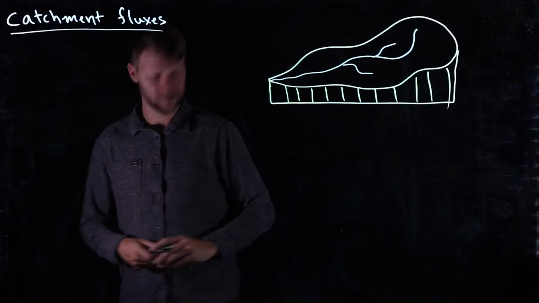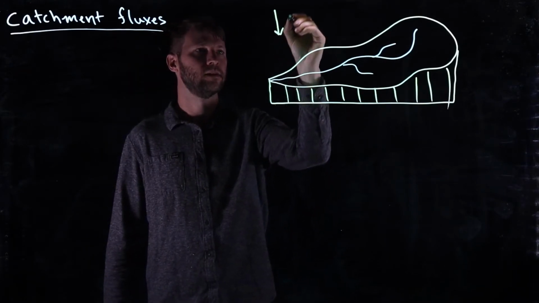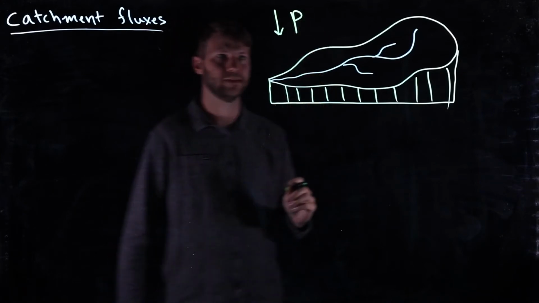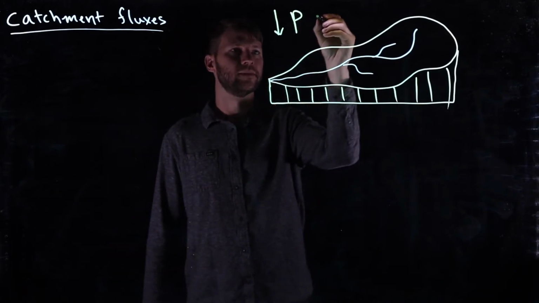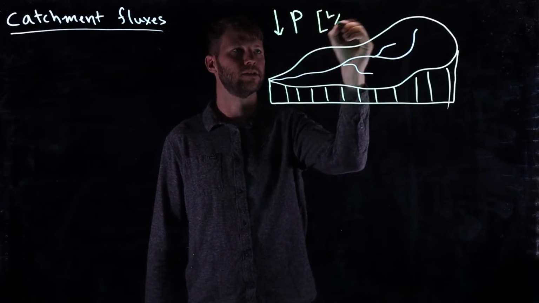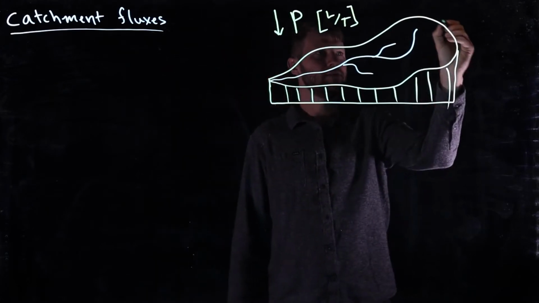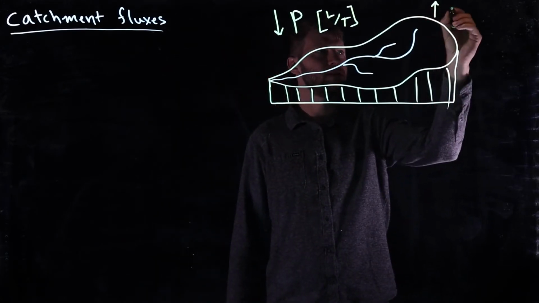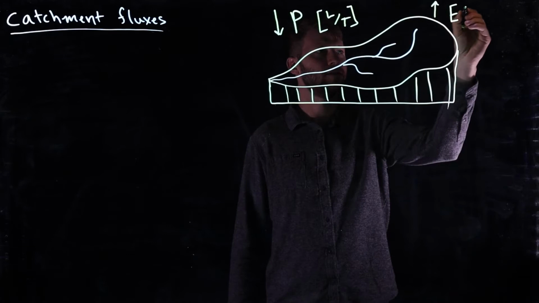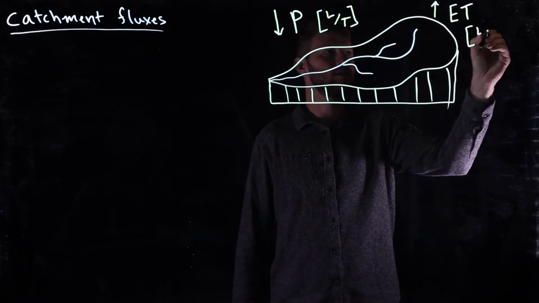The fluxes into and out of the catchment are coming in precipitation, which is commonly denoted with a P, and it has dimensions of length per time. Leaving the catchment is the combined evapotranspiration flux, which also has dimensions of length per time.